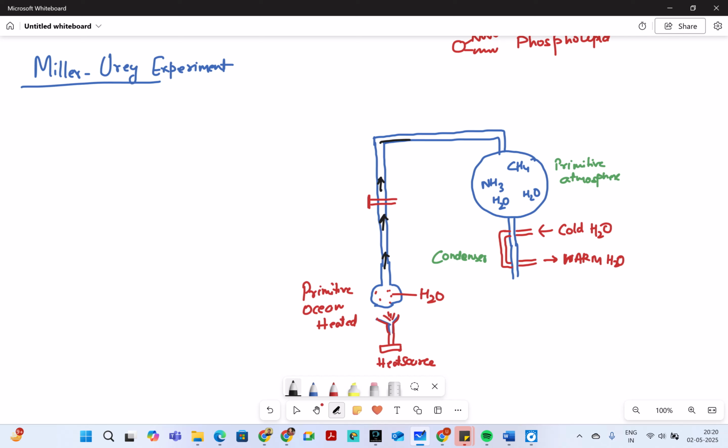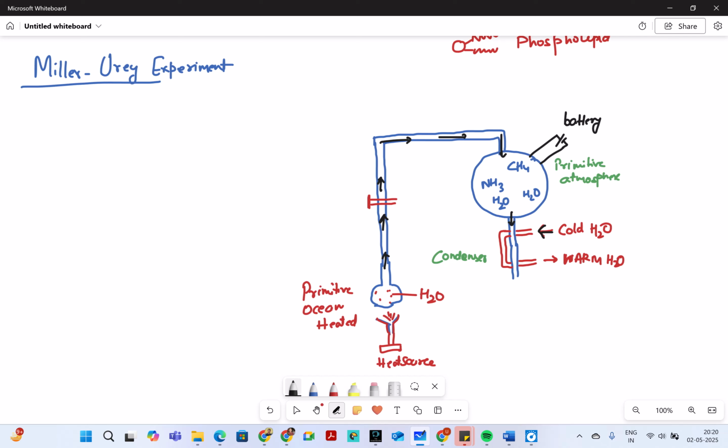Like this, they're going up into this primitive atmosphere where it was connected to a battery, right? This is the battery. An electrical spark is given inside. And after this, this is the inlet of cold water.